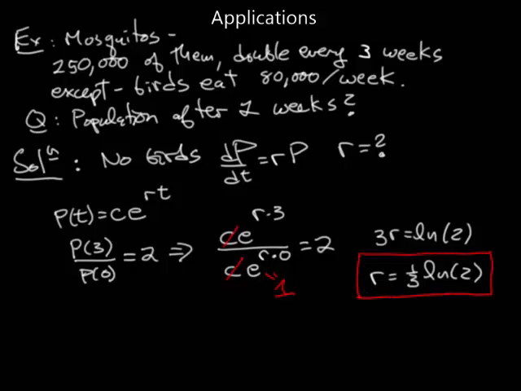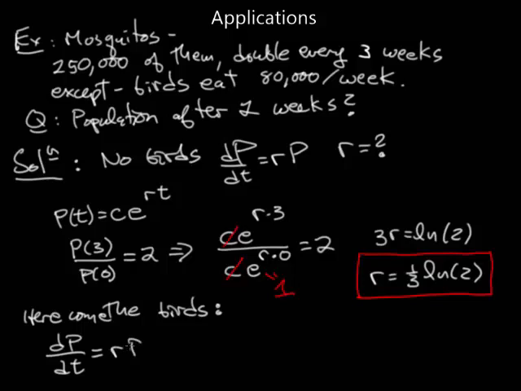Okay, so that's R, but that would be what would happen if there were no birds. So what happens with the birds? Well, here come the birds. The equation now becomes dP/dt is equal to R times P, except there's this minus term now, which is minus 80,000 per week.